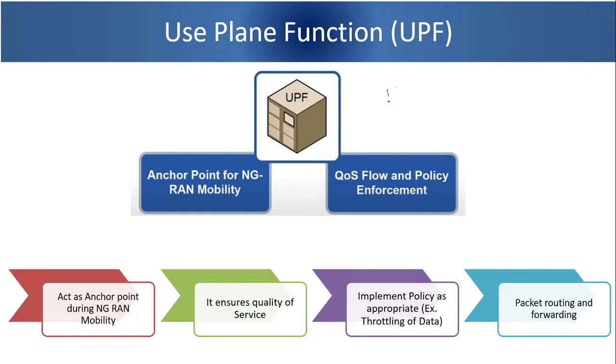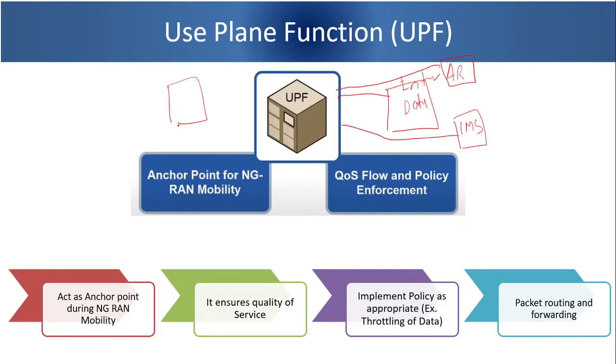After that you have a data network, and this data network could be, say, the internet, or other data networks, say IMS for voice calls, or there could be AR/VR kind of service, augmented reality service. All that data will come here, to the user. I'm not showing the in-between items, so just assume this is a user. Of course you have a gNodeB and so on, which I'm not showing for simplicity.